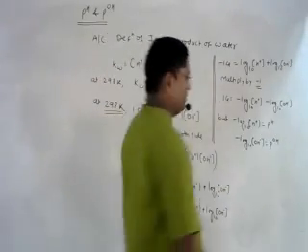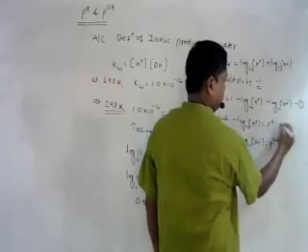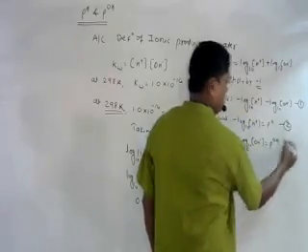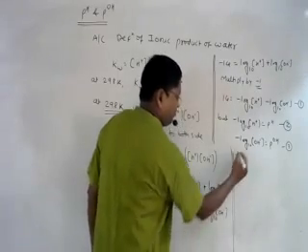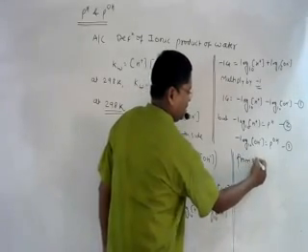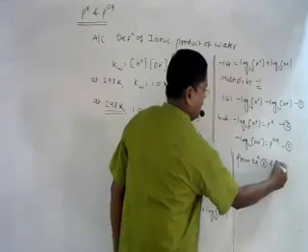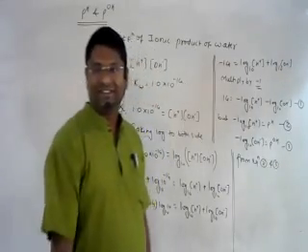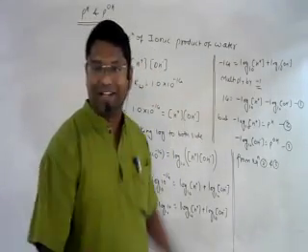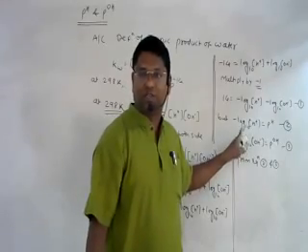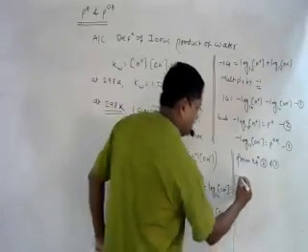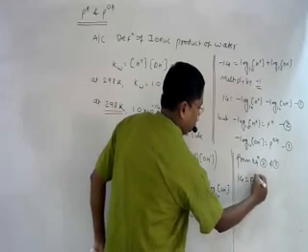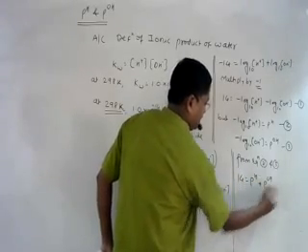Therefore, if I consider these equations 1, 2 and 3, then from equations 2 and 3, if I substitute this value here and this value here, it will be 14 is equal to pH plus pOH.